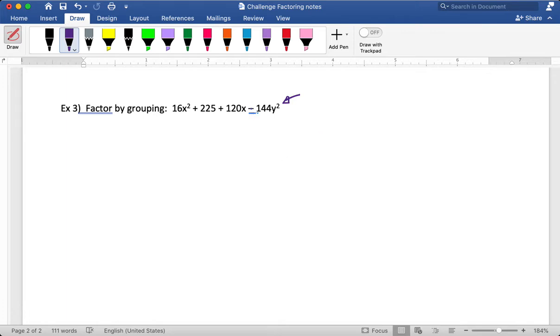And notice it's subtract here. That's the one that's going to get grouped by itself. So in my parentheses, I've got 16x squared. And I'll want to write this as a trinomial in order of descending powers in standard form. The 225 is going to come after. I'm going to switch these two.